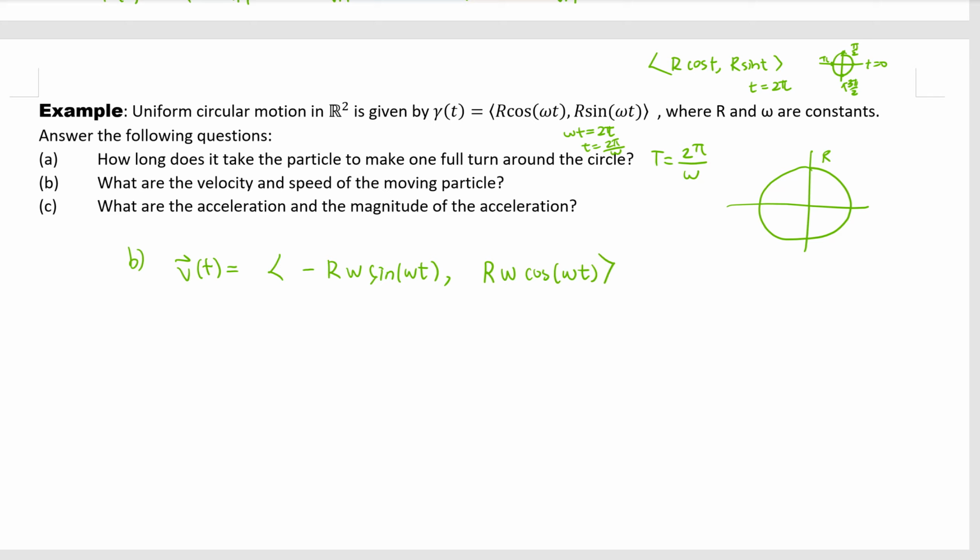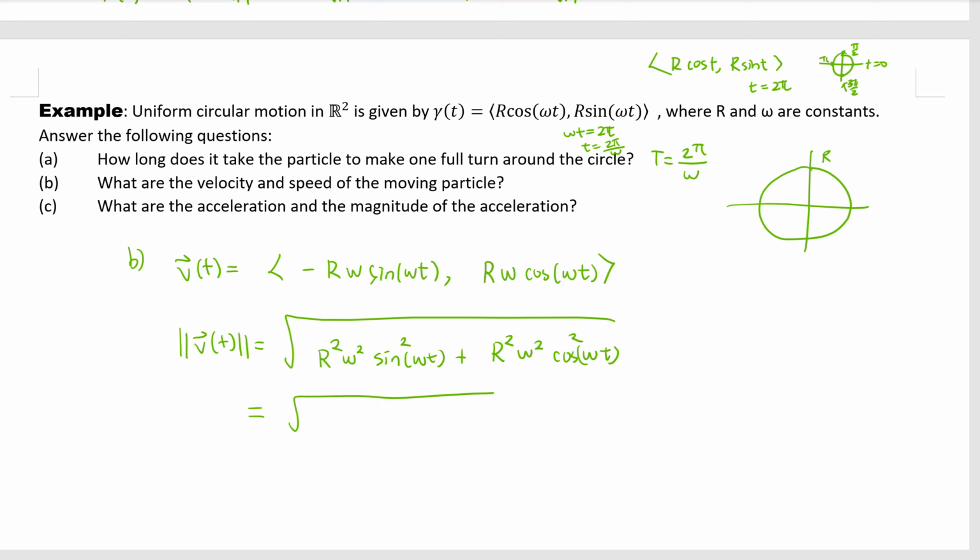And what is the speed? Well, it's the square root of each coordinate squared. So r squared omega squared sine squared omega t plus r squared omega squared cosine squared omega t. Now we can factor out r squared omega squared.